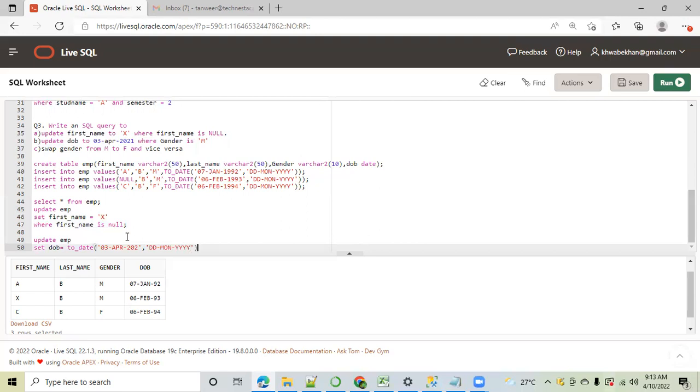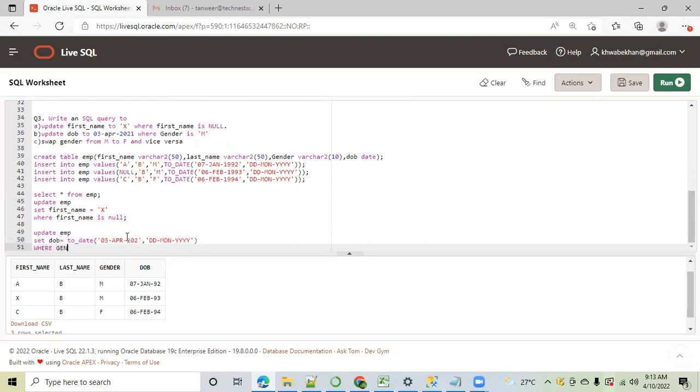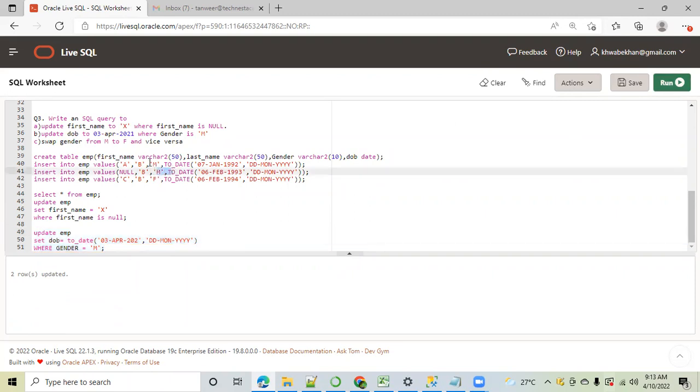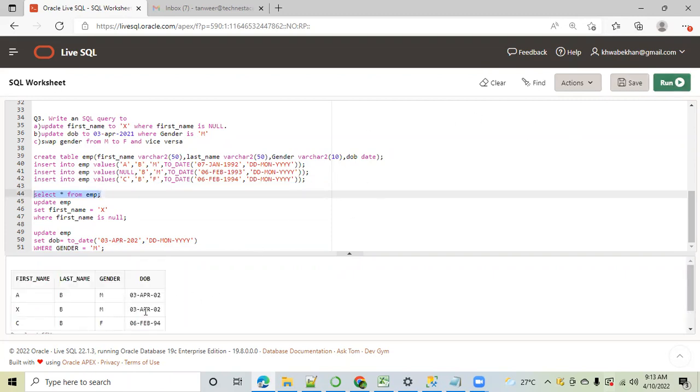Where gender is equal to M, capital M. Two rows updated, because in two rows you have gender as M. This is the first row and this is the second row. Now verify the date of birth. Date of birth is changed to 3rd April.